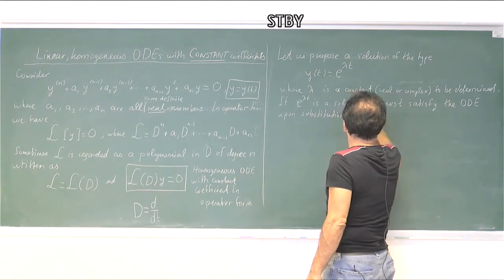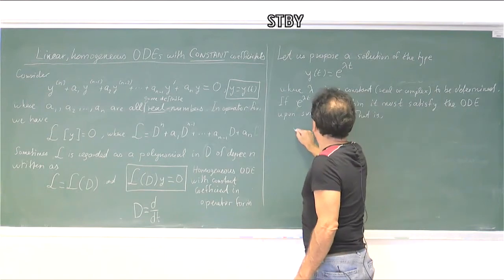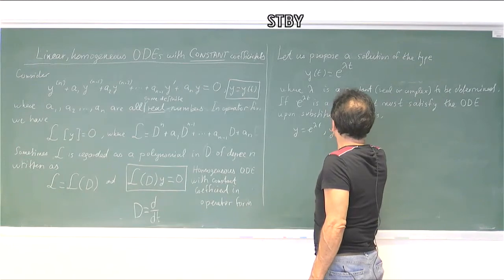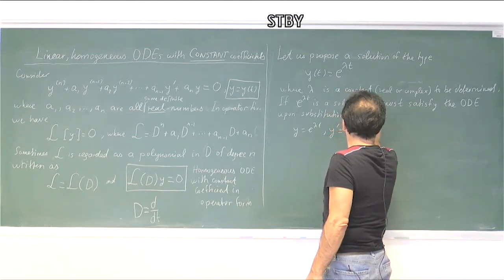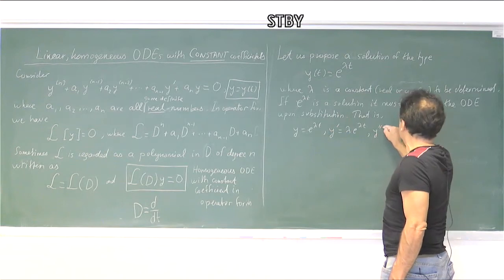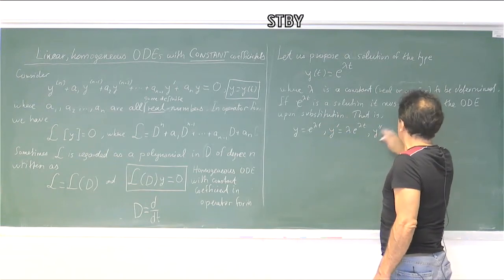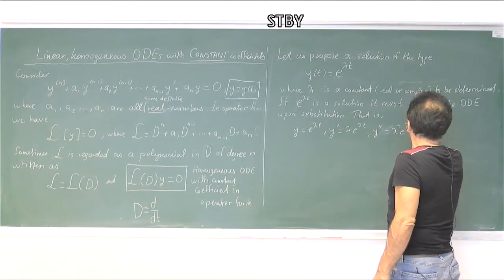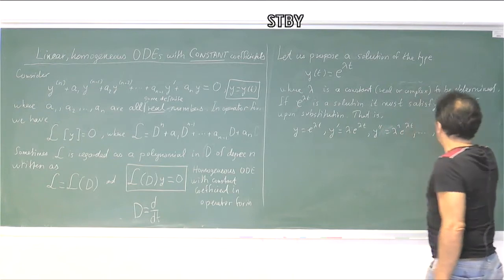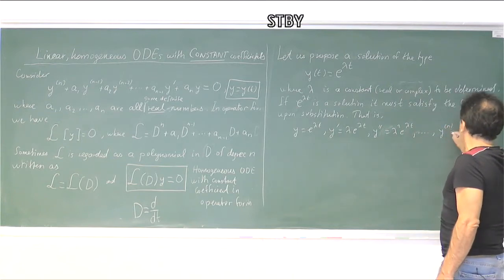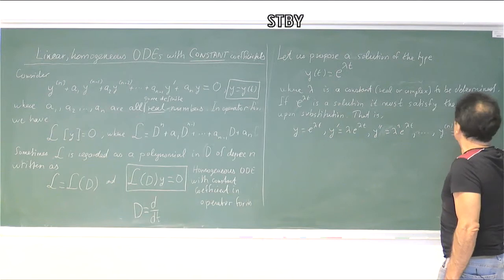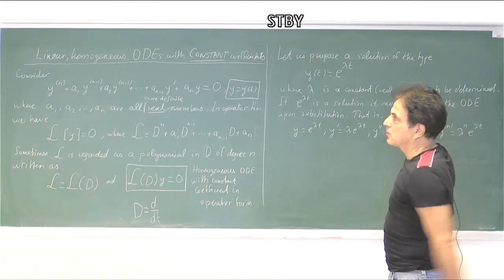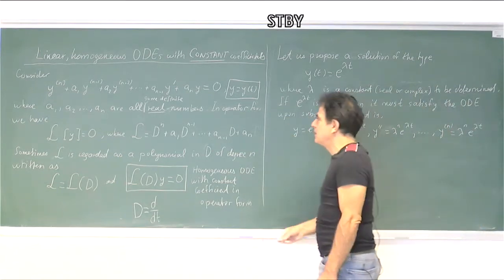That is, look, y is e to power lambda t. Its derivative is lambda e to power lambda t. Its second derivative is lambda squared e to power lambda t. And its nth derivative is lambda to the n e to power lambda t. Good? So substitution into the equation.